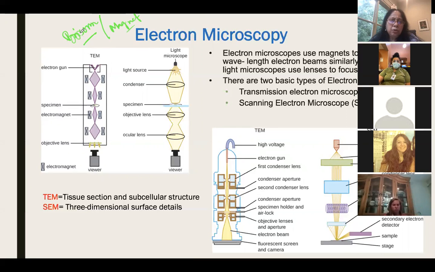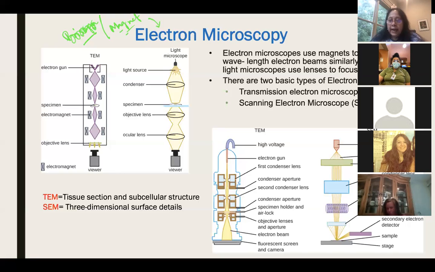Nowadays we really don't use prism, we mostly use the magnet. So electron replaces the light and the magnet replaces the lens. You really do not have to study the principle in detail.